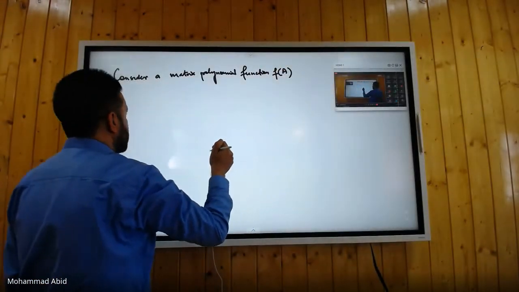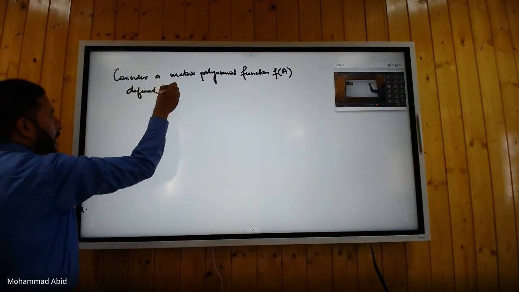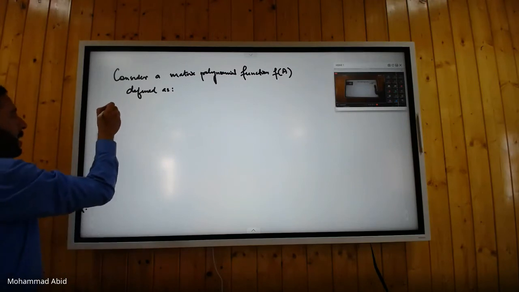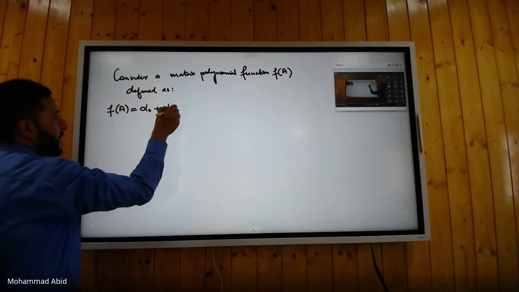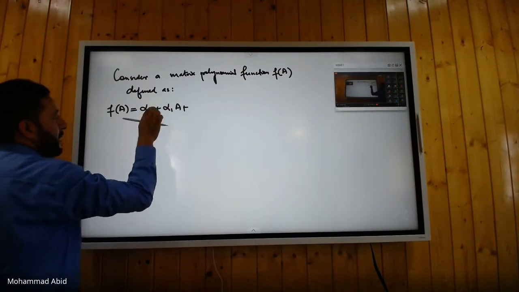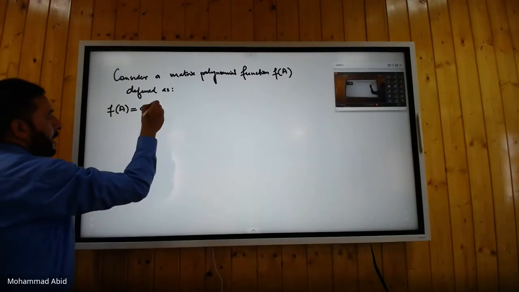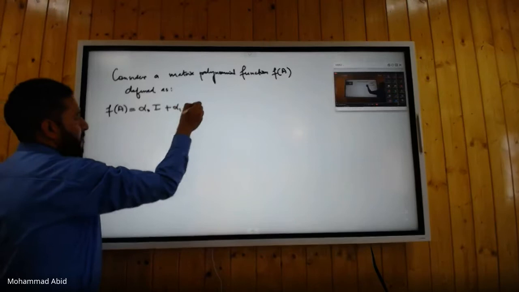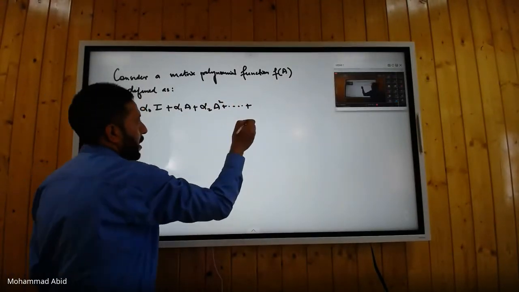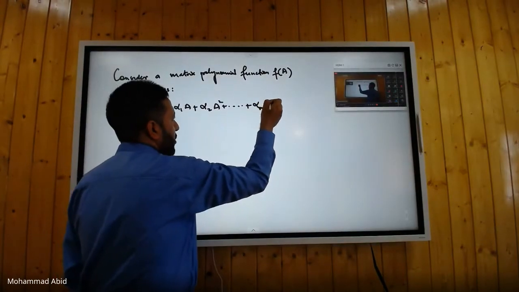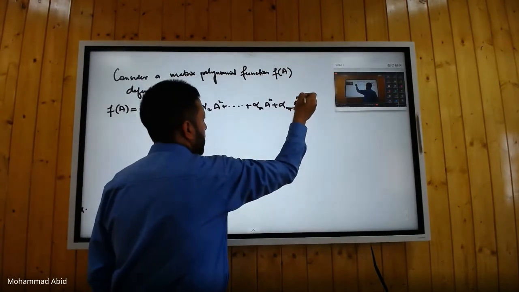F(A) is a polynomial function defined as F(A) is equal to alpha naught I plus alpha 1 A plus alpha 2 A square plus so on, alpha n A to the power n plus alpha n plus 1 A to the power n plus 1 plus so on.